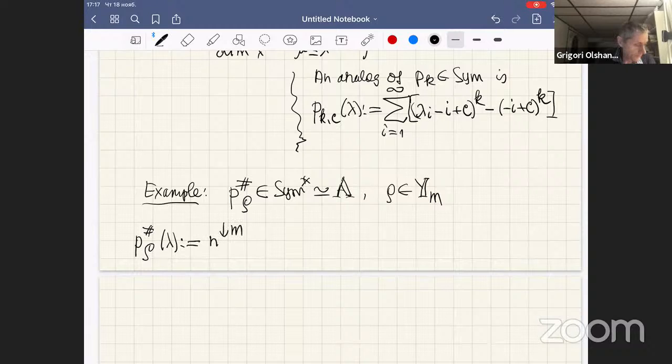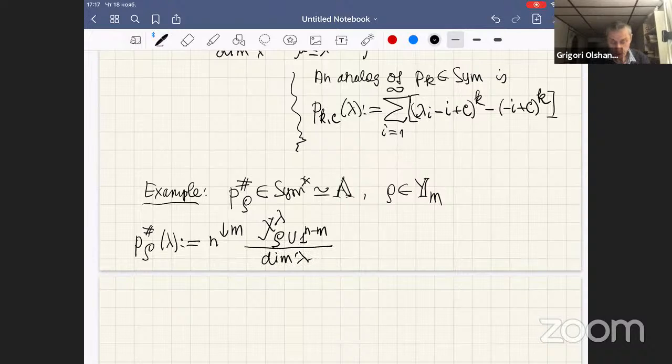Same factor. Next, I take actually the character, and I will explain what this means, and divide by the dimension.